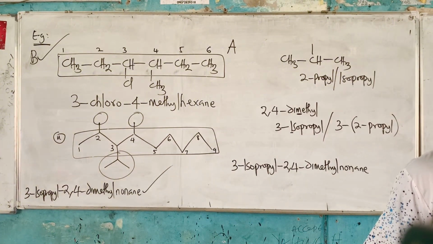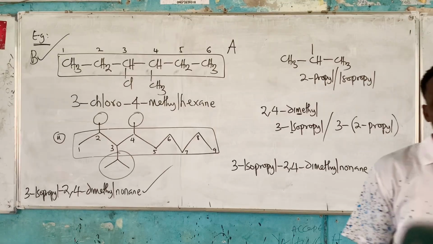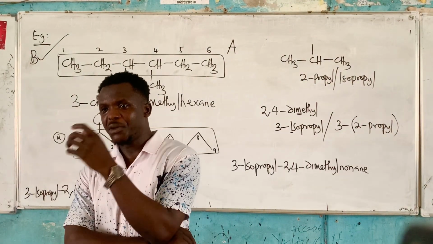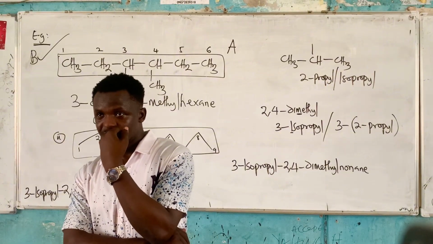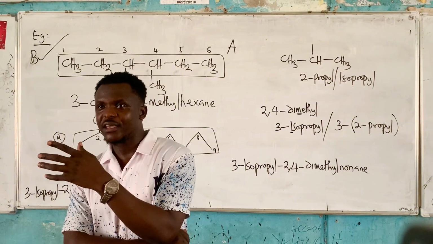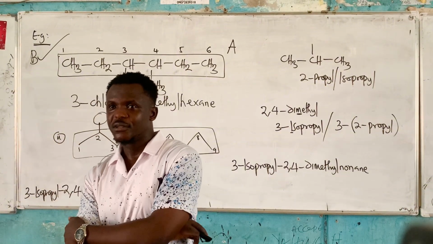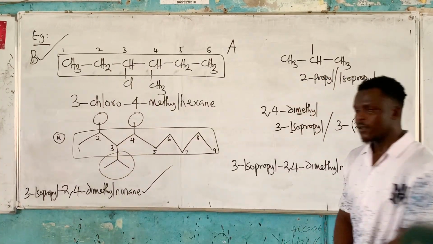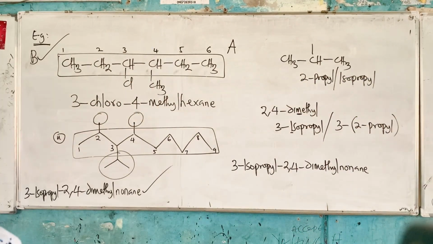So with this, I've given us the basis that you need for naming of alkanes. What is left now is cycloalkanes. That one is not going to take us much time. Let's do bicyclo. After bicyclo, I'll end the class for today. Tomorrow we do alkenes, alkynes.